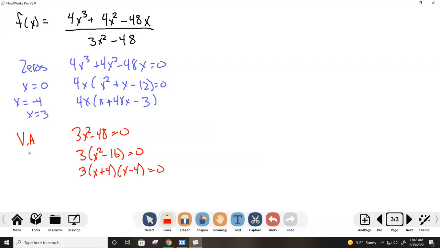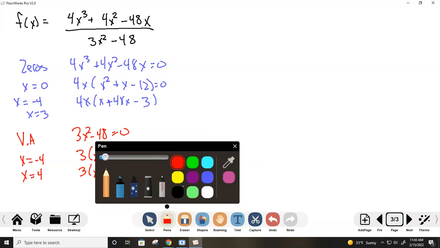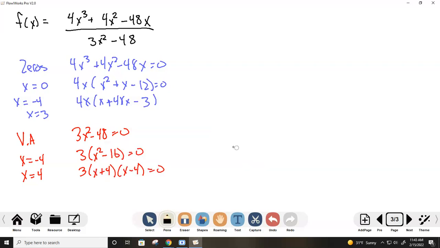We have a vertical asymptote at x equals negative 4 and at x equals 4. But now we see what we're talking about. I have a 0 at x equals negative 4 and a vertical asymptote at x equals 4. So I'm going to cross those two out. So I'll have zeros at x equals 0 and x equals 3, and a vertical asymptote at x equals 4.